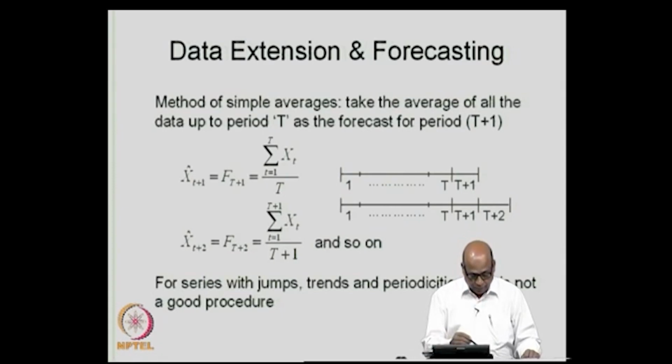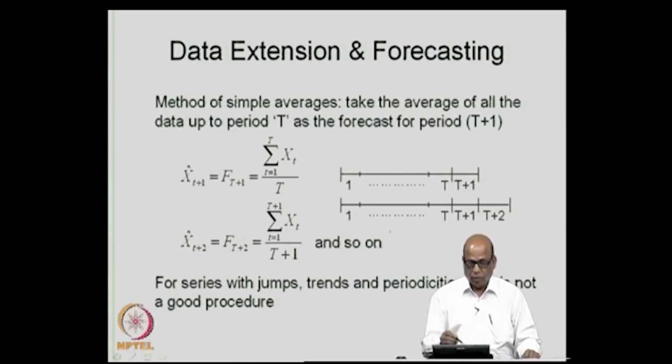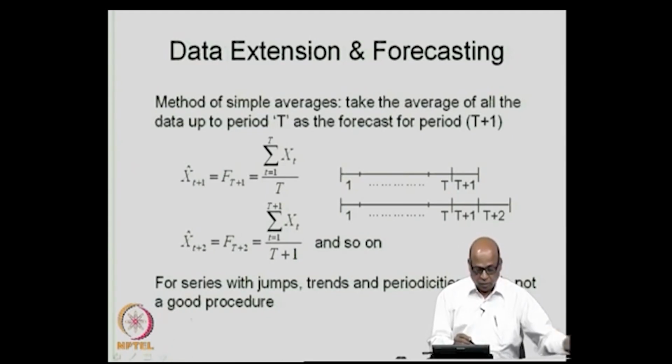As you can see, this method will not be useful where you have a strong periodicity or a trend in the data. If you have a smooth process, let us say you draw a smooth process, let us say your time series is something like this.